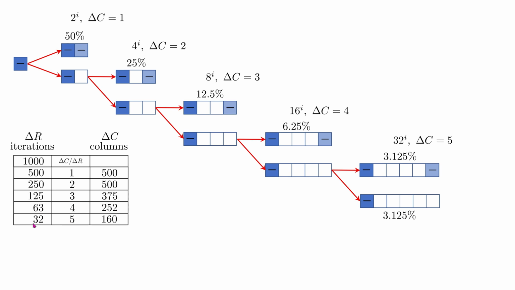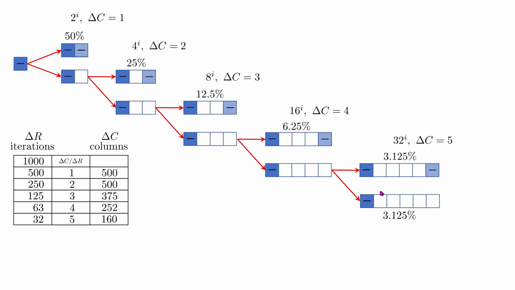Again, we should expect 32 such cases per 1000, and in all these cases the shift will be 5 columns per one iteration, which will give us in total a shift by 160 columns. Please notice that here the number of iterations is split by half from row to row, and the number of columns per one iteration is growing one by one.